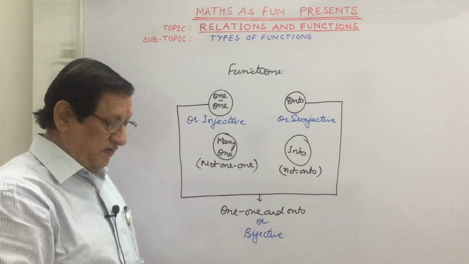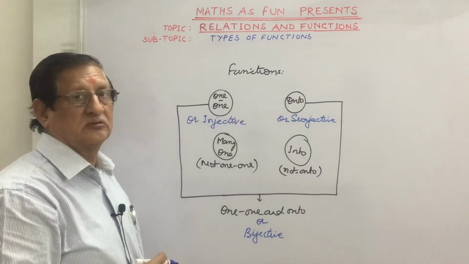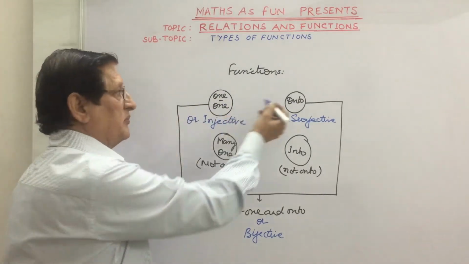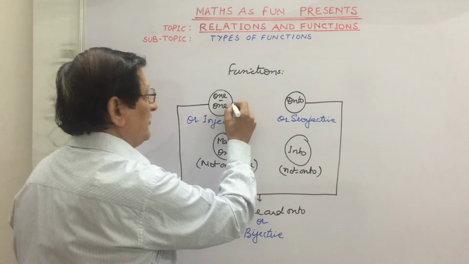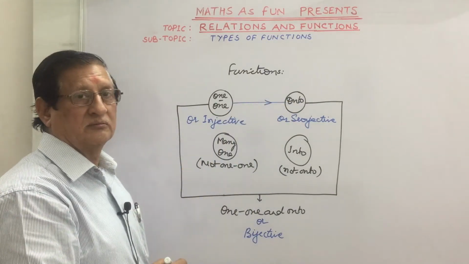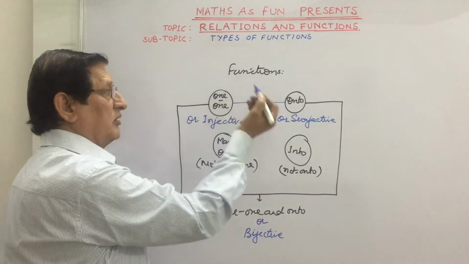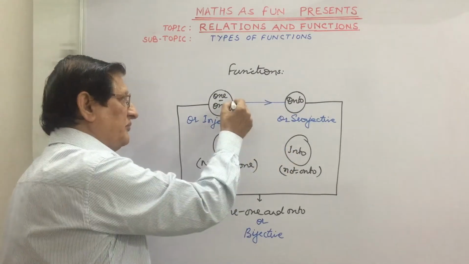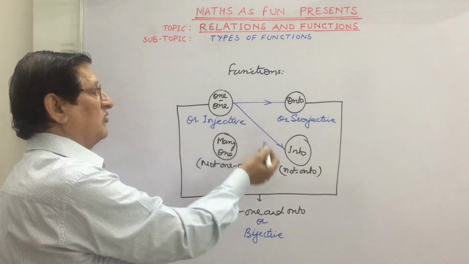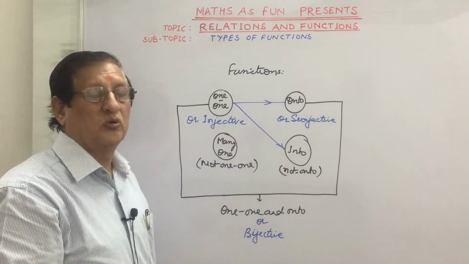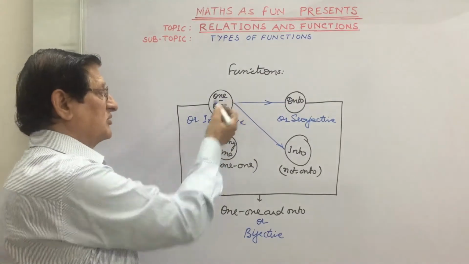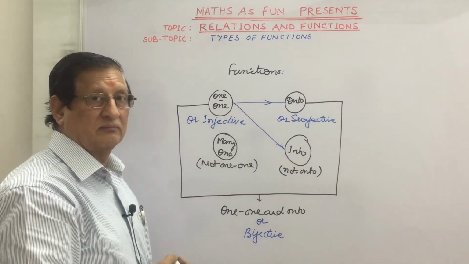Now, if we combine these functions, a function may be one-one and it may be onto also. Then we call it one-one and onto function. It may be one-one but not onto. Then we may call it one-one and into function, or one-one and not onto function. If the function is not one-one, we say it is many-one.